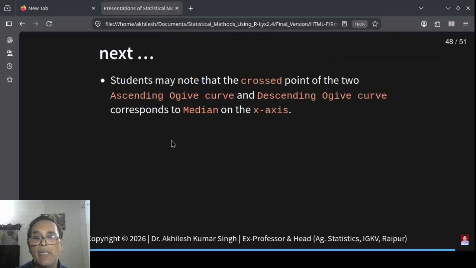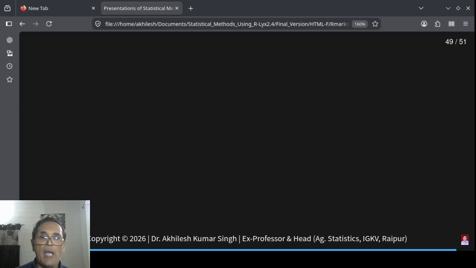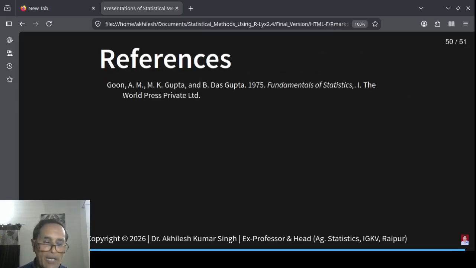Students may note that the cross point of the ascending ogive curve and the descending ogive curve corresponds to the median of the x-axis. So this is all about today's lecture, and now I shall be finishing my lecture.